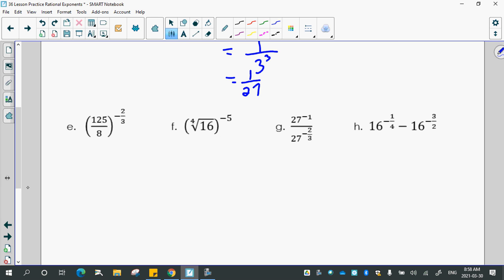What are we thinking for the first step? Flip the bracket. Yes. So bracket 8 over 125 to the +2/3.